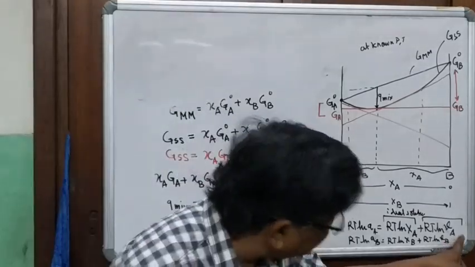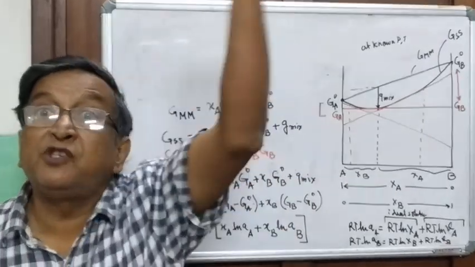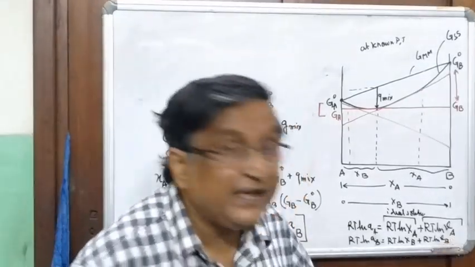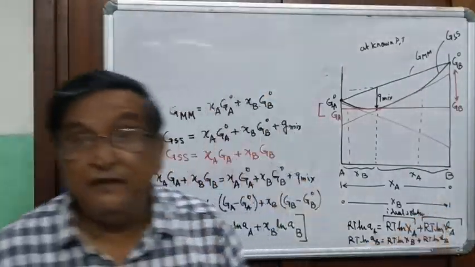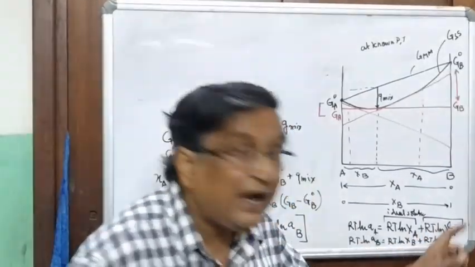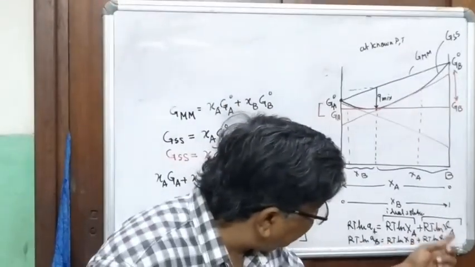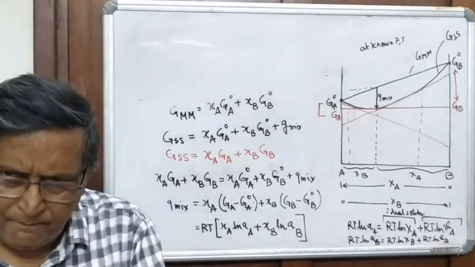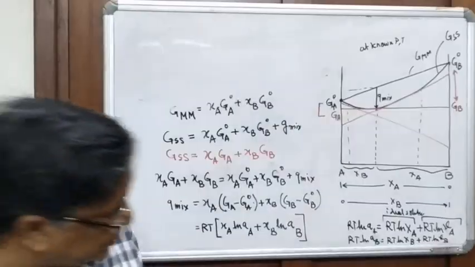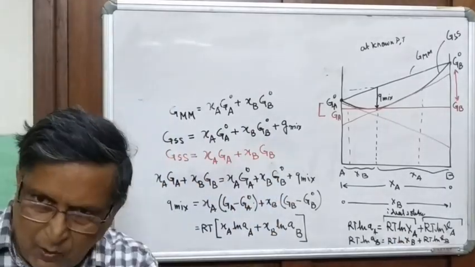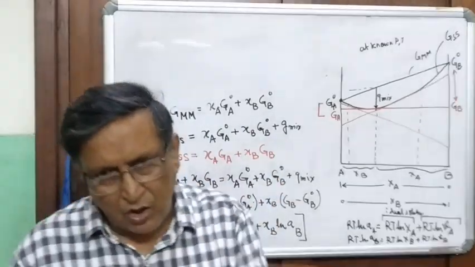It will be positive for a positive deviation from ideality, where gamma is greater than 1. Yesterday we talked about it. It would be a negative deviation from ideality if gamma is less than 1. So gamma values can be positive or negative or 1, 1 for ideal solutions. But XA is either 1 or 0 or less than 1.